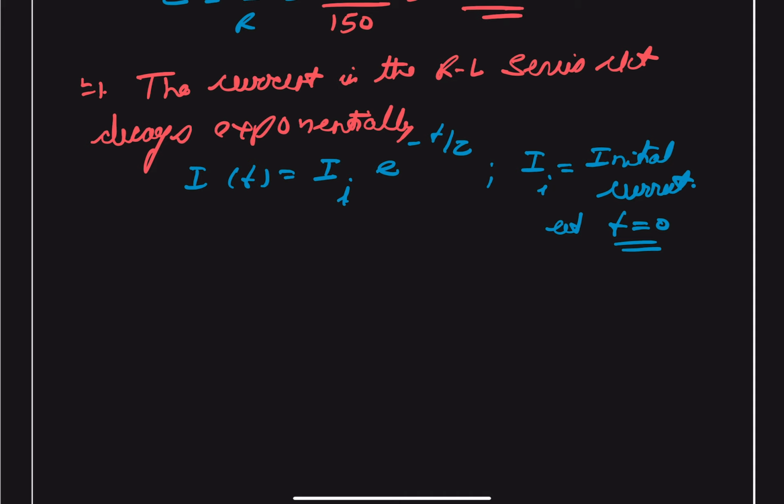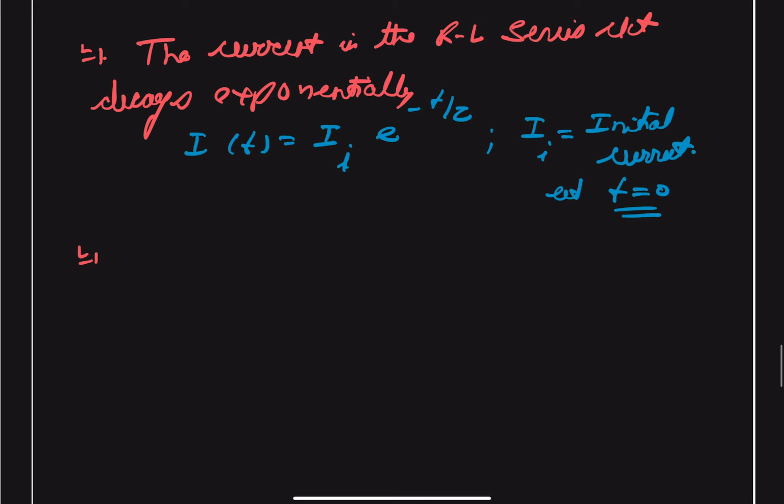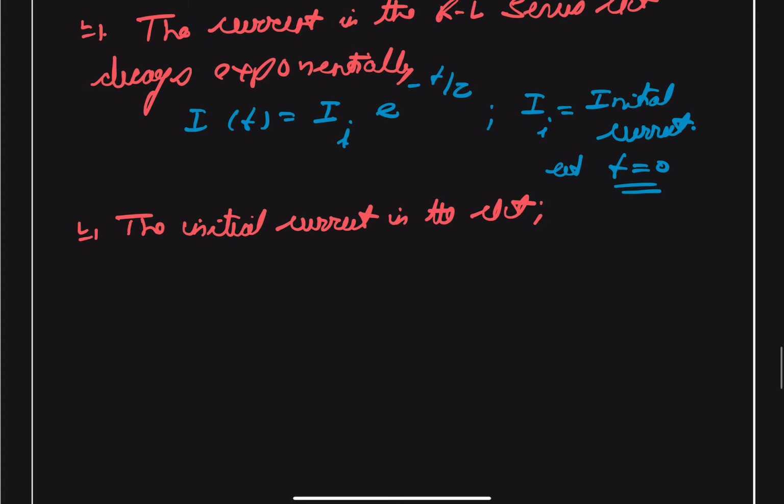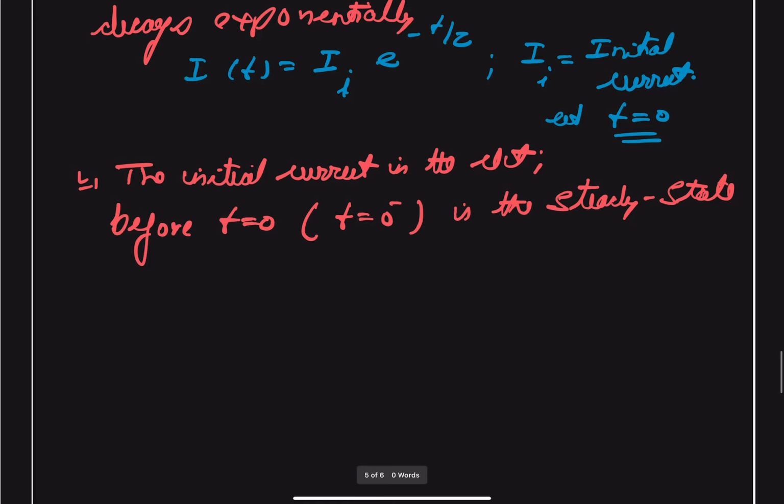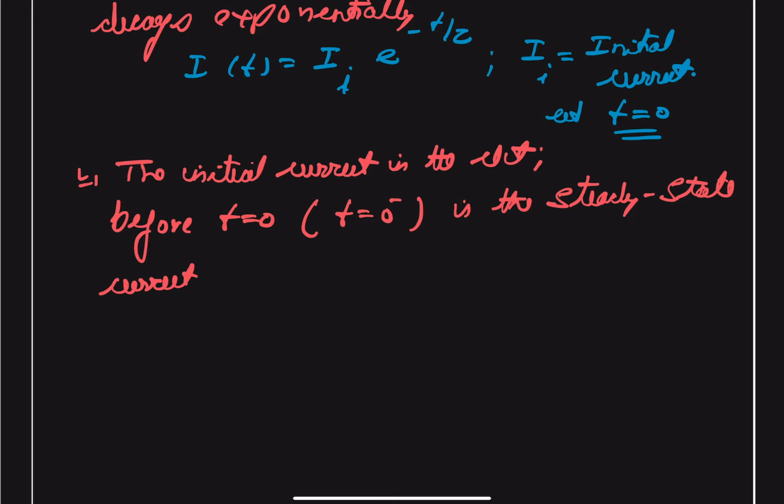So we can say that the initial current in the circuit before t equal to 0, which we wrote as t equal to 0 minus, is the steady state current. So we can write that our I initial is equal to I steady state, which is our 0.1 amperes.